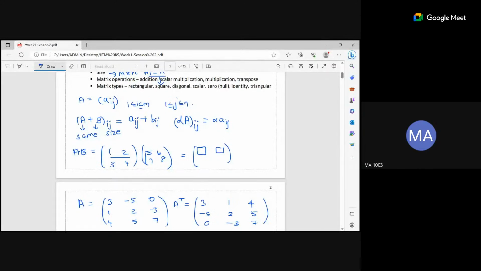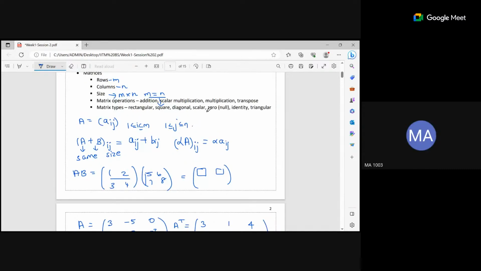For example, if you consider all the diagonal matrices as a set, then the set of all scalar matrices forms a subset of the diagonal matrices. If you consider one single matrix, then there is no concept of subset. You only have a submatrix. Okay, ma'am, got it. Thank you.